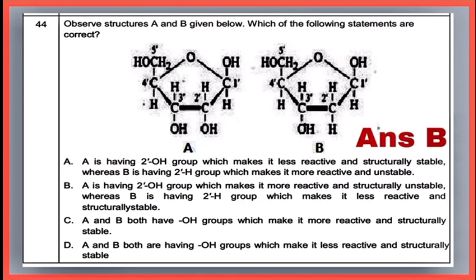Observe structures A and B given below. Which of the following statements are correct? Statement B is correct. A is having 2' OH group, which makes it more reactive and structurally unstable, whereas B is having 2' H group, which makes it less reactive and structurally stable.